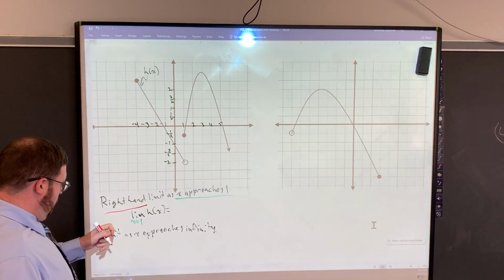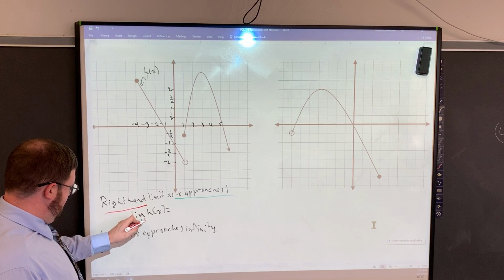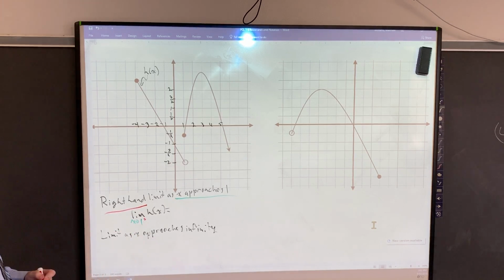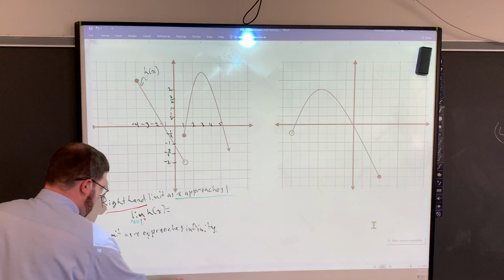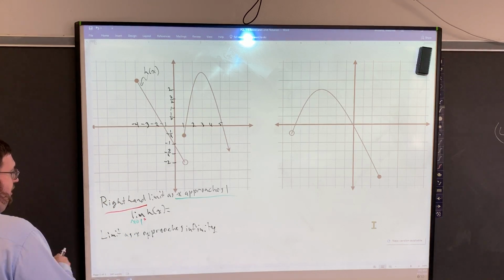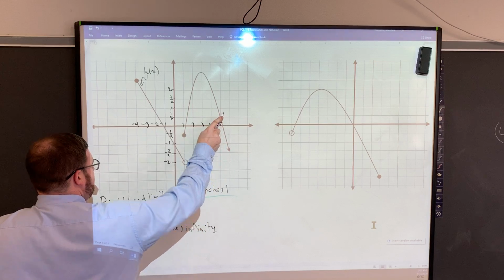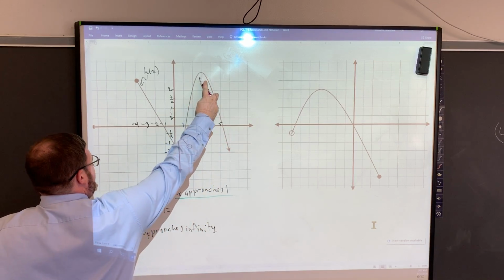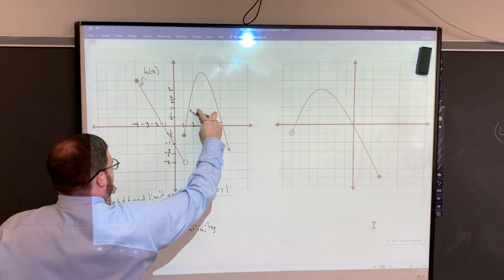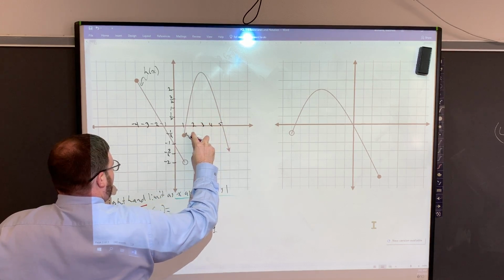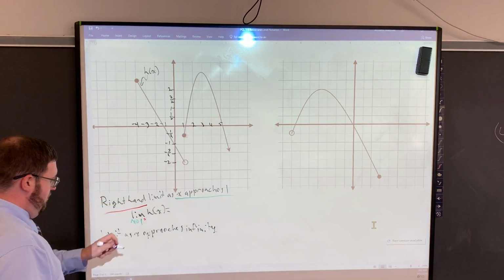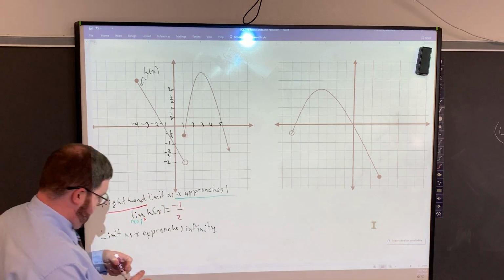This is going to be right hand, so I've got that little plus right there. The right-handed limit of h of x as x approaches 1 equals. So right hand is saying we're going to start on the right. We are approaching 1, so we are going toward an x value of 1. And the closer we get to an x value of 1, the closer that y value gets to negative 1/2.